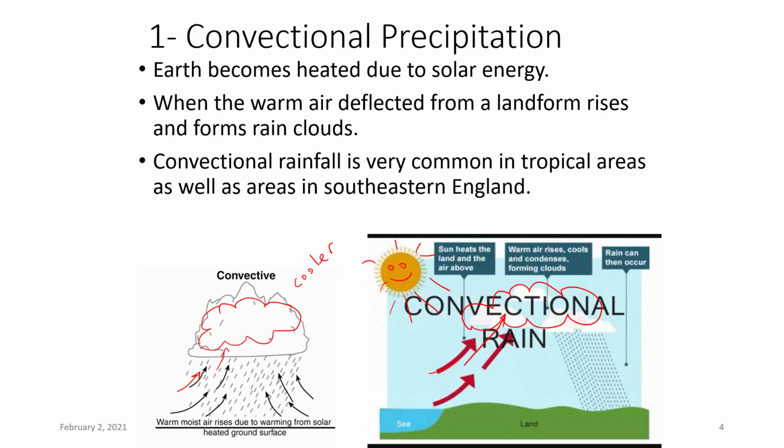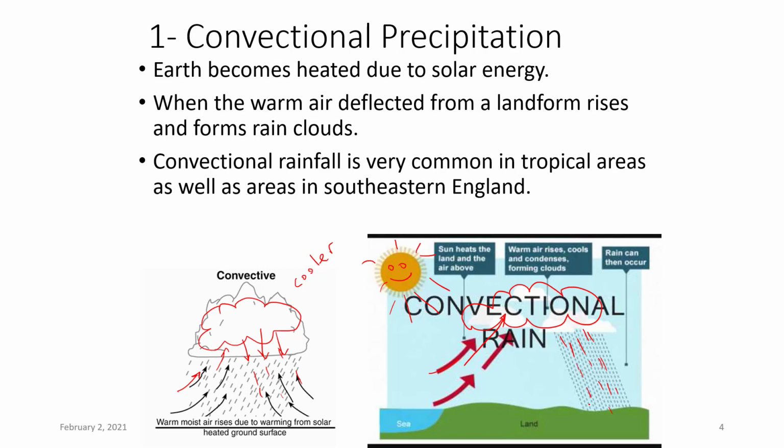So at the cooler layer of the atmosphere, the water moisture becomes condensed, and then returns to the earth as rain.